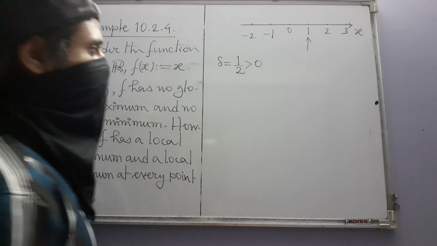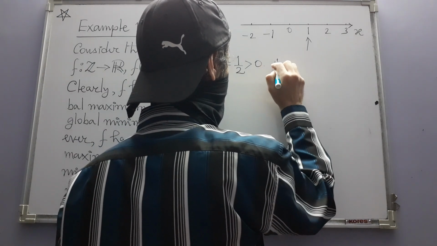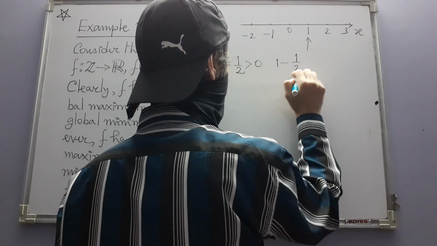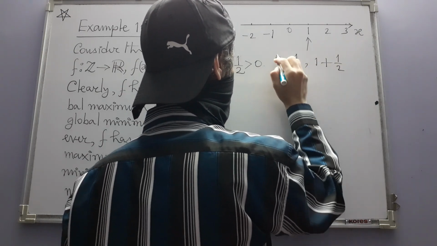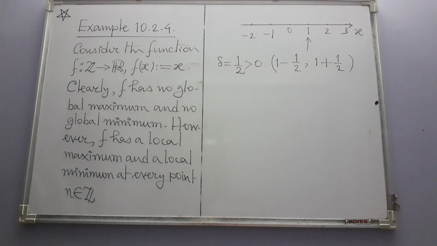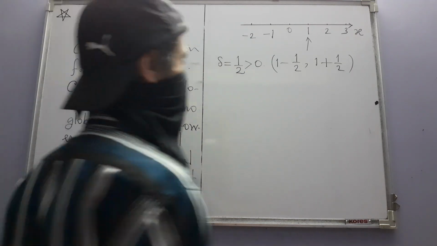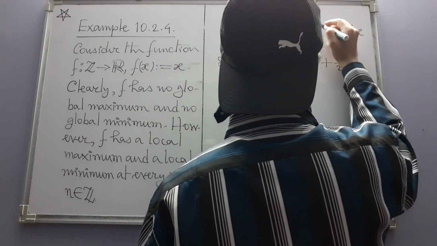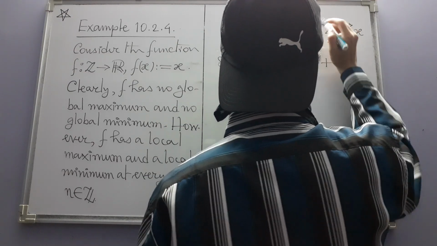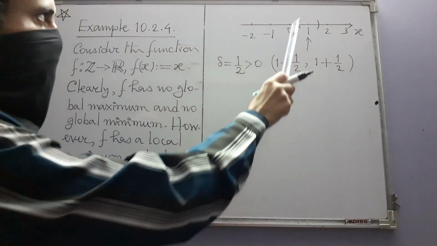Then, what is this interval? 1 minus 1 over 2, comma 1 plus 1 over 2. It is this open interval. The boundary points are the midpoints.